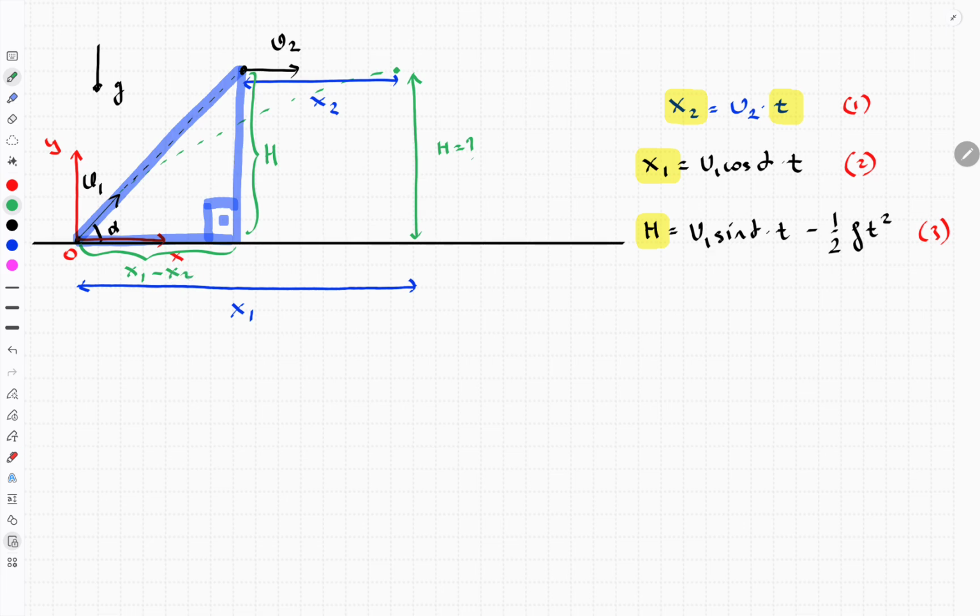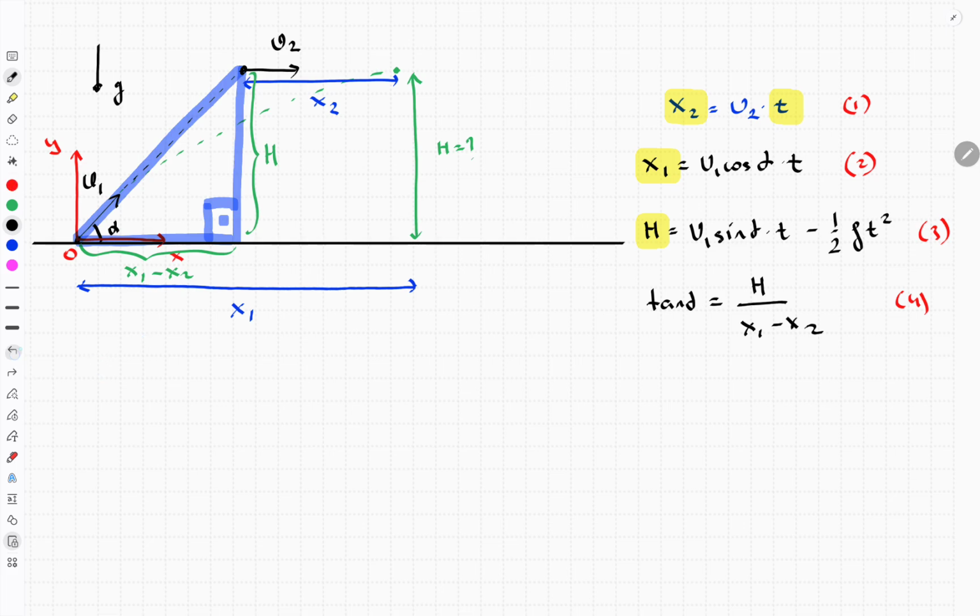So I see a relationship between h and x1 minus x2, because tangent alpha equal to opposite side divided by adjacent side. So I think this will be our next equation. Tangent alpha equal to h over x1 minus x2. This is our equation number 4, and I hope these 4 equations will be enough to solve this problem. Further is just total math, so just follow.